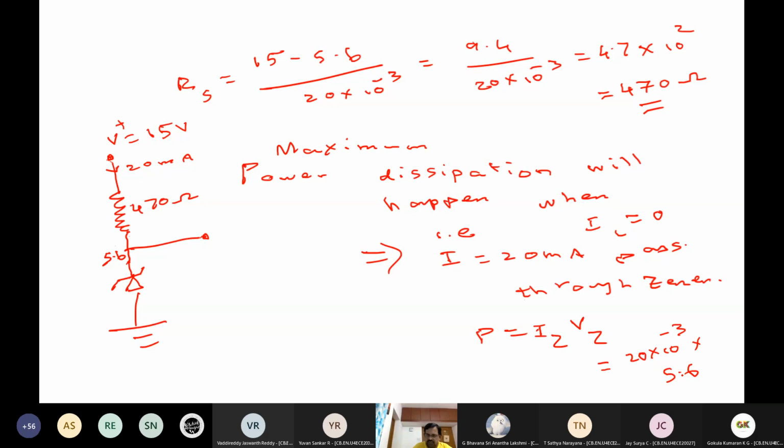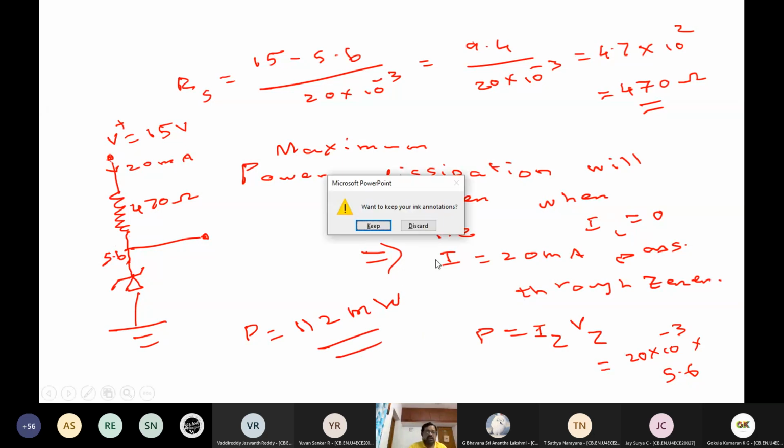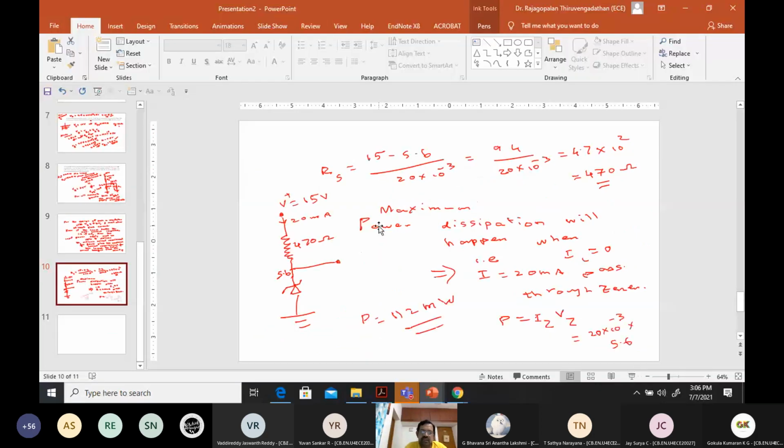So again, not rocket science. 11.2, that is 112. So power will be equivalent to, this is 10 power minus 3, I can retain as it is. So 112 milliwatts.